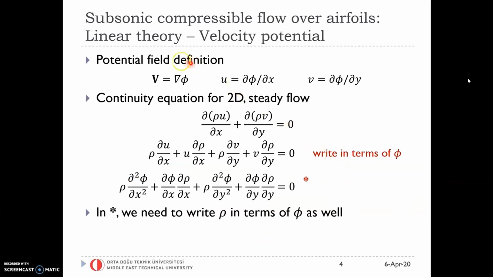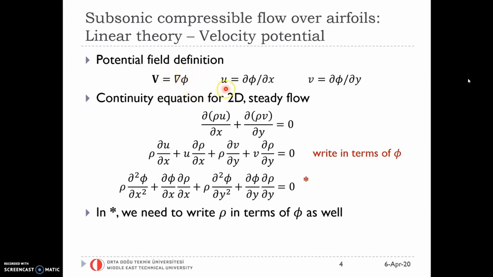You all remember, I think, the velocity potential from the Aerodynamics 1 classes. For an irrotational flow, one can mathematically show that velocity can be represented by the gradient of a scalar, and this scalar is known as the velocity potential, represented by phi.